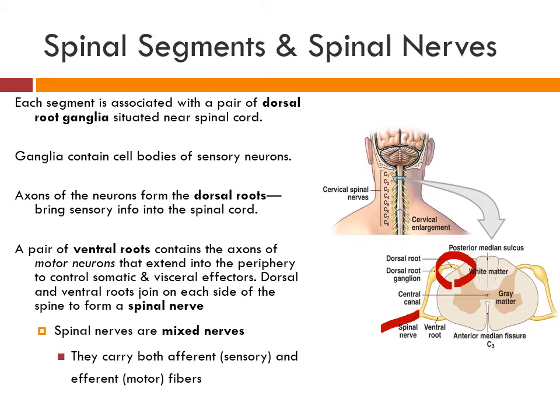the ventral root. The dorsal root is going to be all sensory information because it's the neuron cell bodies and axons of sensory nerves. The ventral root is motor information. And so when the ventral root brings its motor information and the dorsal root brings its sensory information, the actual spinal nerve itself becomes a mixed nerve, which means that spinal nerves are carrying both motor information and sensory information.